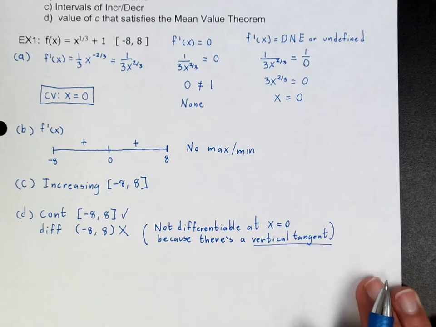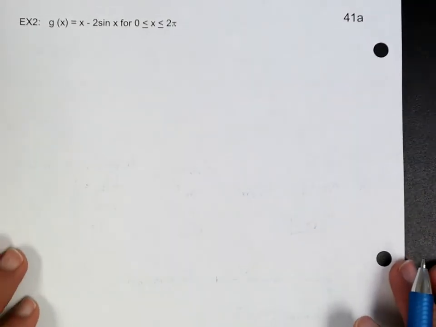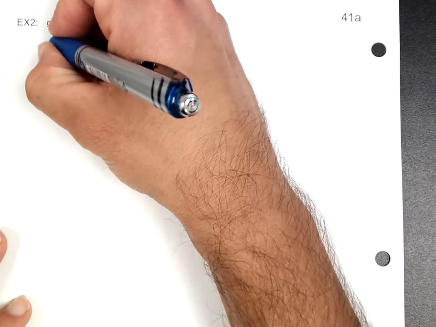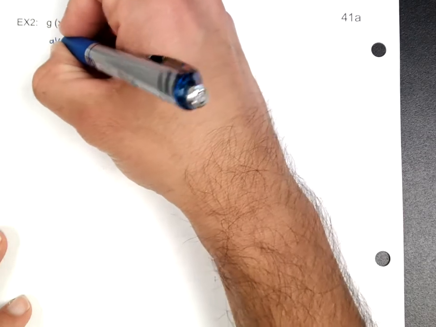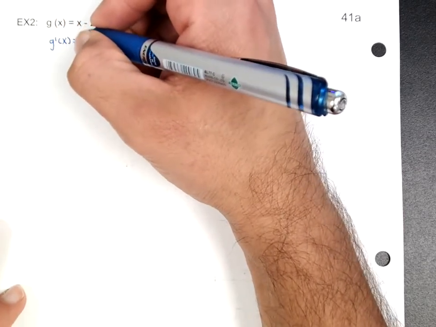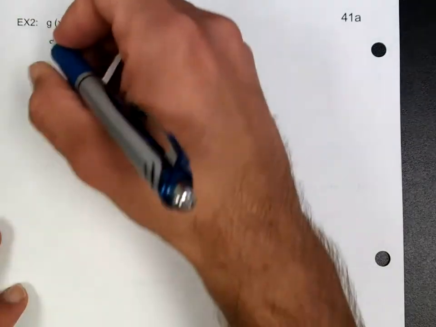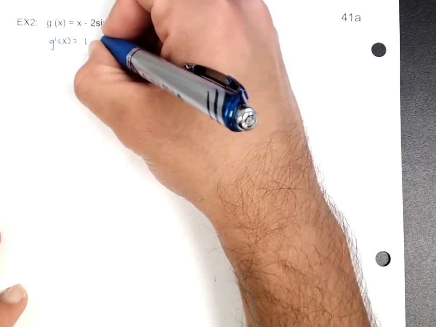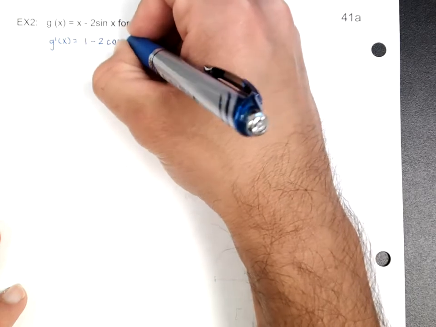It's not necessary. All right, now if I go to the back, I'm going to do the same thing. We're going to find the same thing. So I'm trying to figure out the critical values. Now remember that my critical values are located where my derivative is equal to 0 or where the derivative is undefined. So the derivative right here of this one would be 1 minus 2 cosine of x.